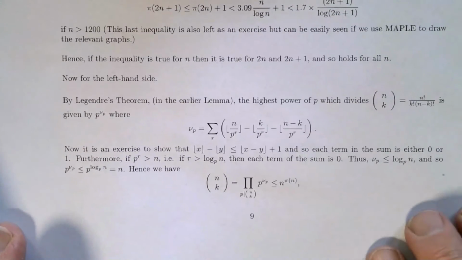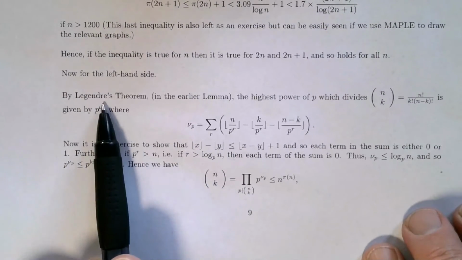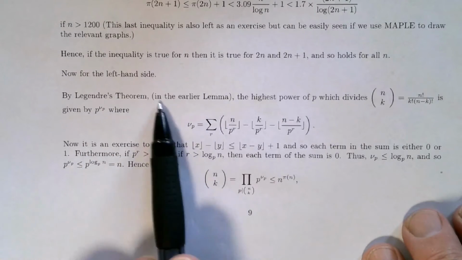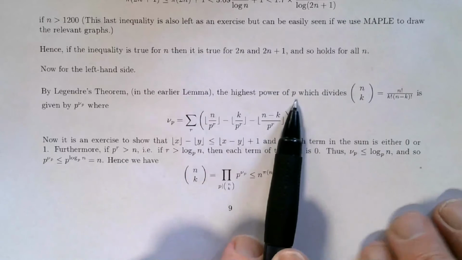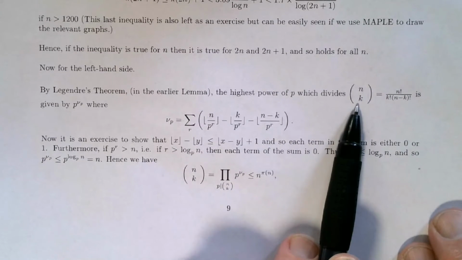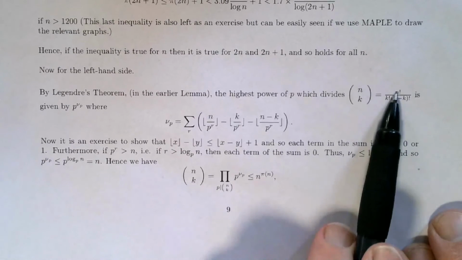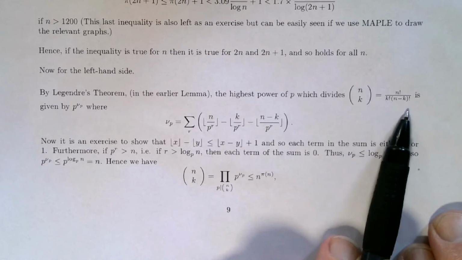Now, for the left-hand side, we'll need a slightly different proof. Again, we'll need to be using Legendre's Theorem, which we had in the earlier lemma. The highest power of p which divides n choose k is going to be the highest power of p that divides n factorial, minus the highest power of p that divides these two.